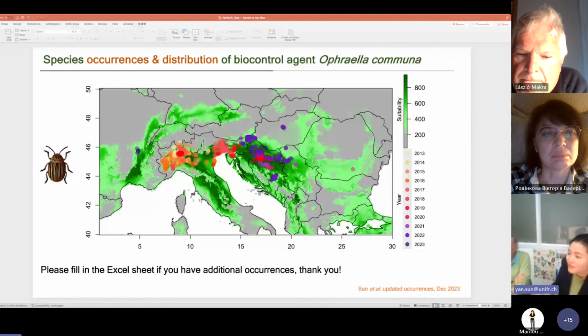But then ragweed starts to germinate from the seed bank, and they have to wait for some Ophraella from other places to come and do the control. So the management somehow, yes, it's very good because they build population pretty fast. But the point is there is too much seed bank in the soil.